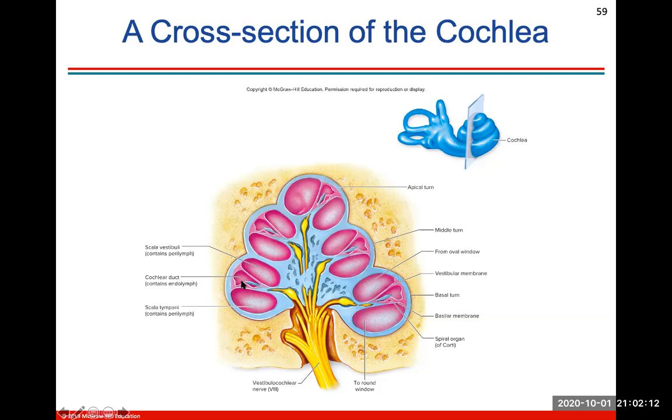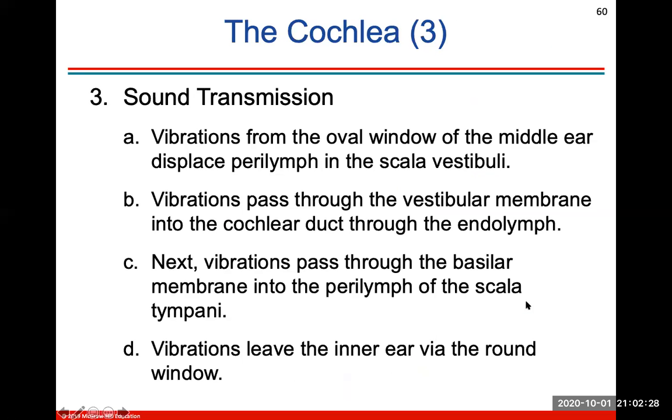And within this cochlear duct, you'll see the spiral organ of Corti. The base of it will be the basilar membrane, and embedded in this area of the spiral organ will be those stereocilia cells.